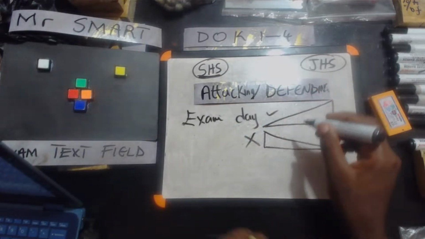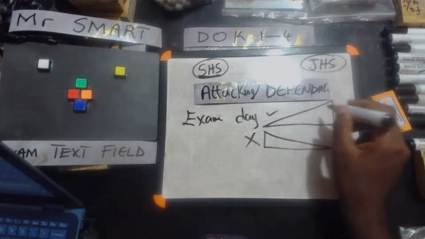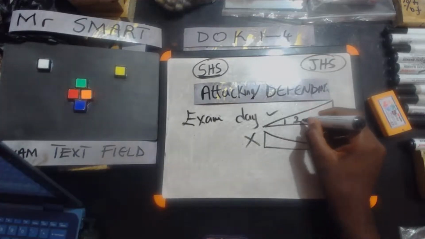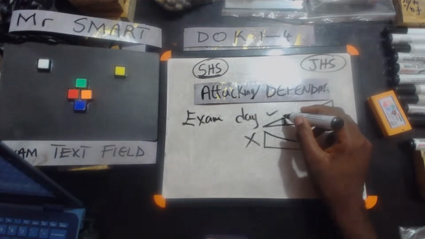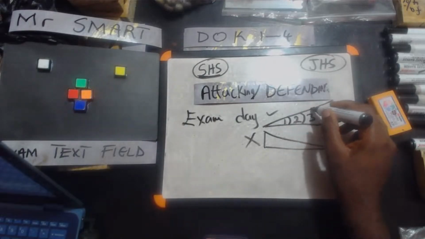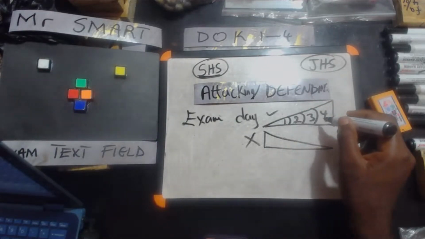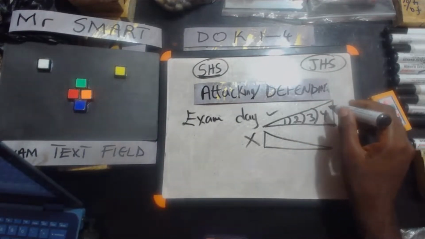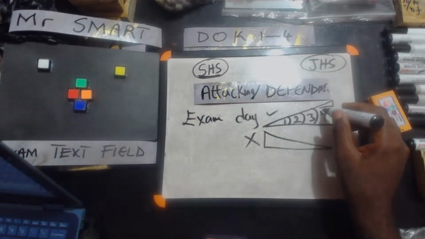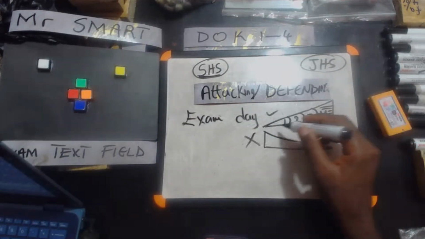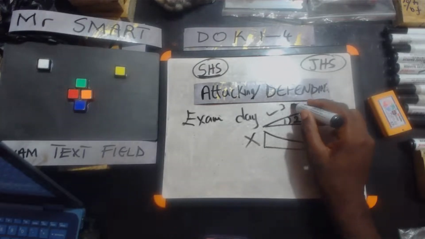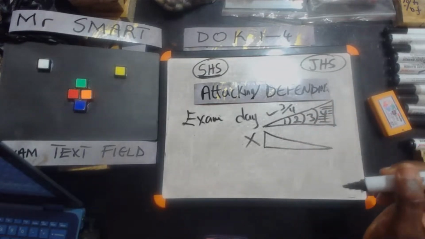So level 1, level 2, level 3, level 4. The idea is that you want to collect marks increasingly, so that even if you have to lose, it's the fourth type of questions that are lost. If you do that, at least you cover 3/4 of the questions.